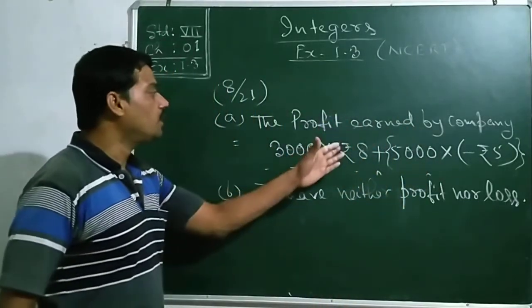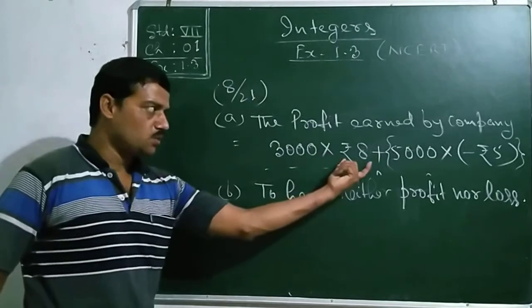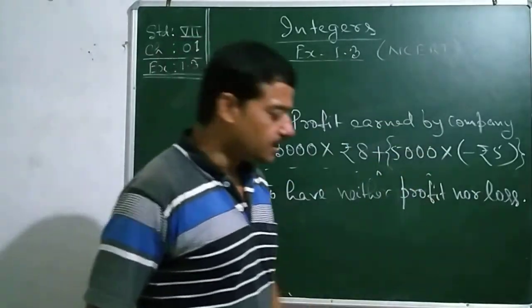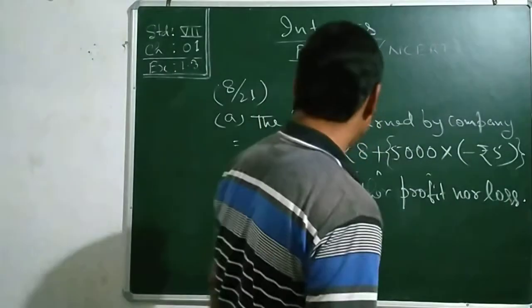The profit earned by the white cement, that is rupees 8 per bag, must be equal to the loss suffered in the number of grey cement bags sold.